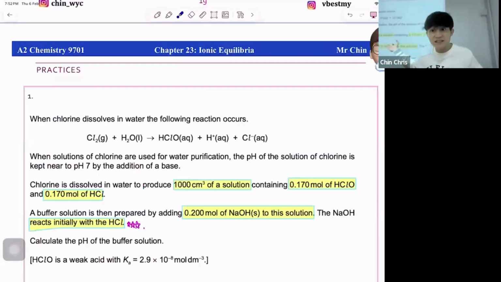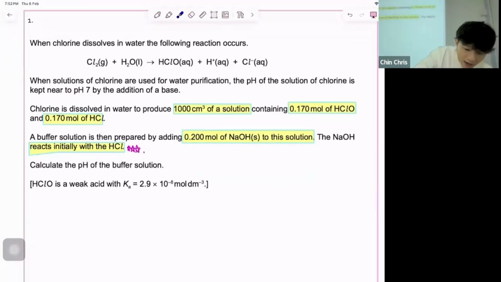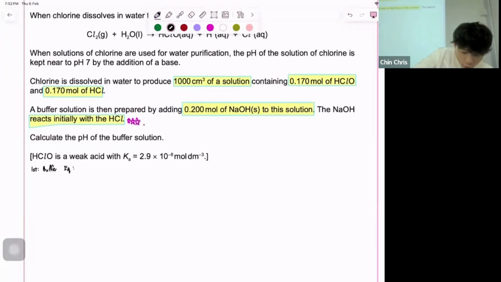So I know my first step: buffer equation. The buffer equation is HClO dissociates to form ClO⁻ and H⁺, correct? Good. First step done.